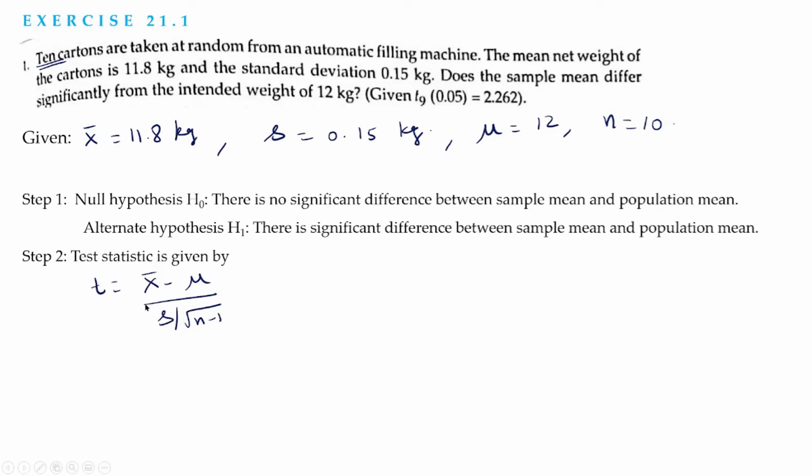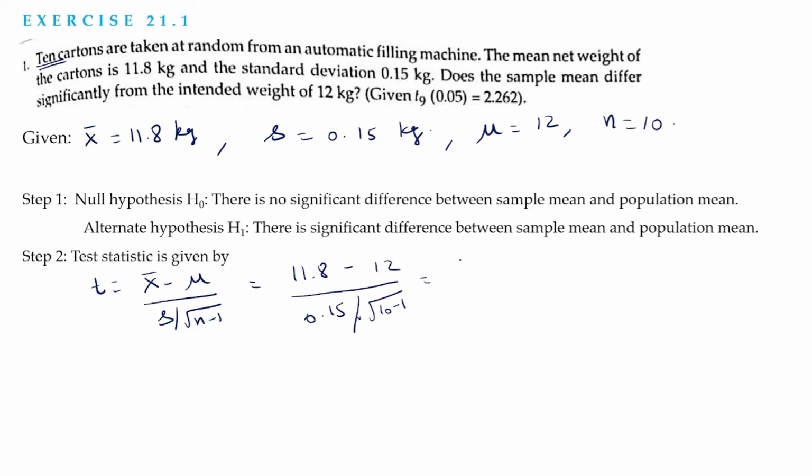So let us calculate t by substituting each of these values. So this is equal to 11.8, x bar, minus mu, which is 12, upon s, which is 0.15, upon root of 10 minus 1.